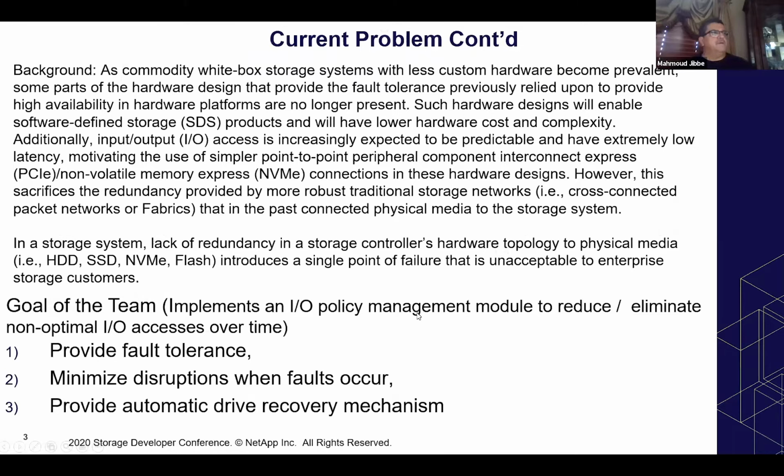The current problem today, a commodity of white box storage with less custom hardware has become prevalent. Some parts of the hardware designs that provide fault tolerance relied mainly on the high availability provided by the hardware platform, and such platforms are no longer present. Today, the hardware designs are enabled via software-defined storage products, which have lower hardware cost and complexity.